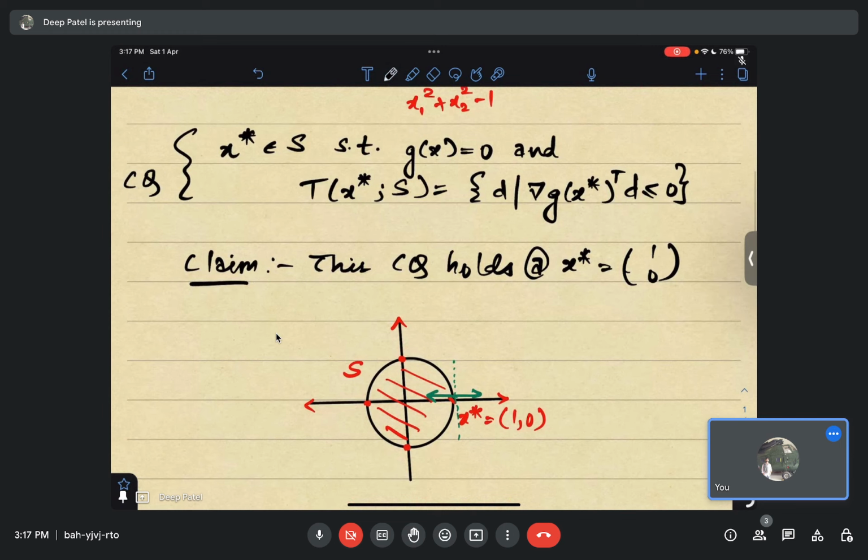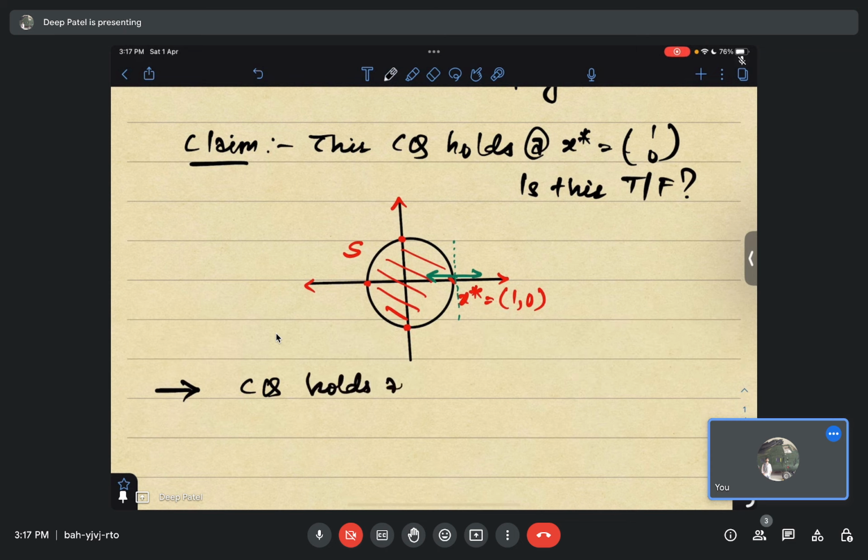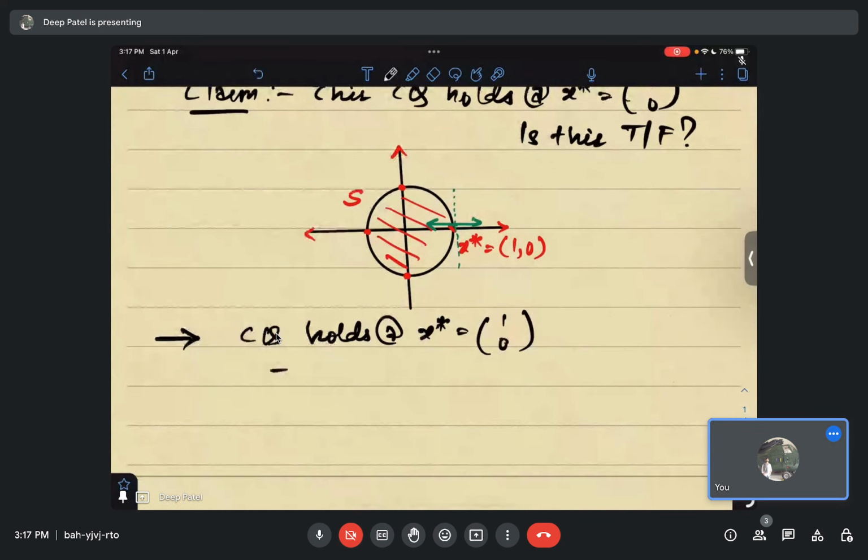So is this true or false? CQ holds at x star, that is given to us. So what does this mean? Is g of x star equal to 0?